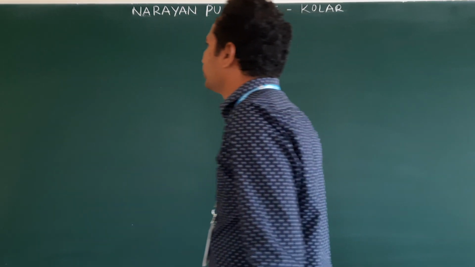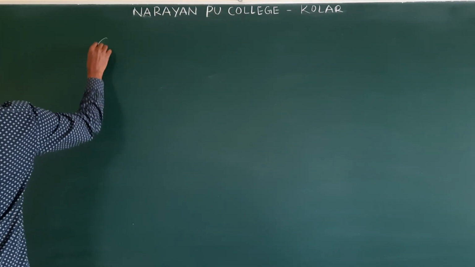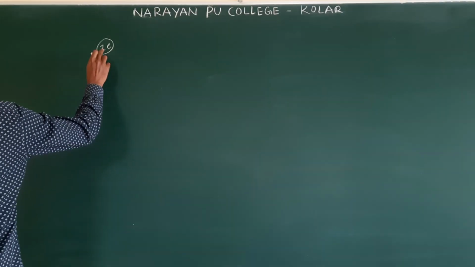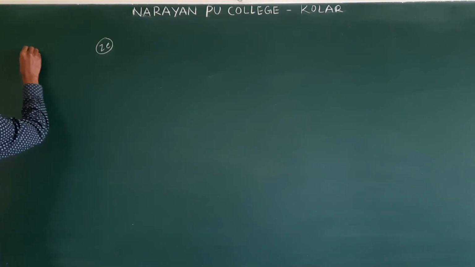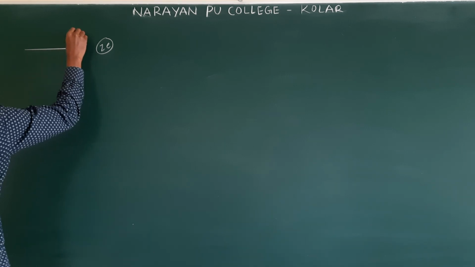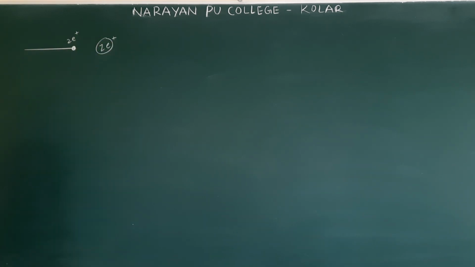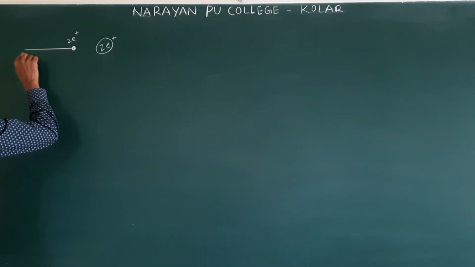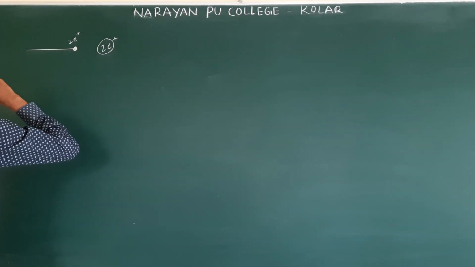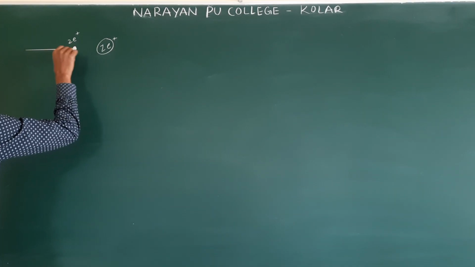So this is the gold nucleus, with charge Ze. This is the alpha particle, 2e. This is positive and this is positive. Initially it has kinetic energy. Due to kinetic energy it comes here. Now due to electrostatic repulsive force, kinetic energy becomes 0.